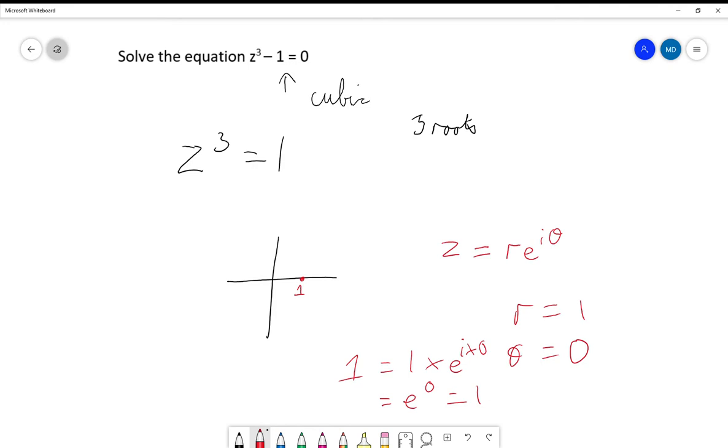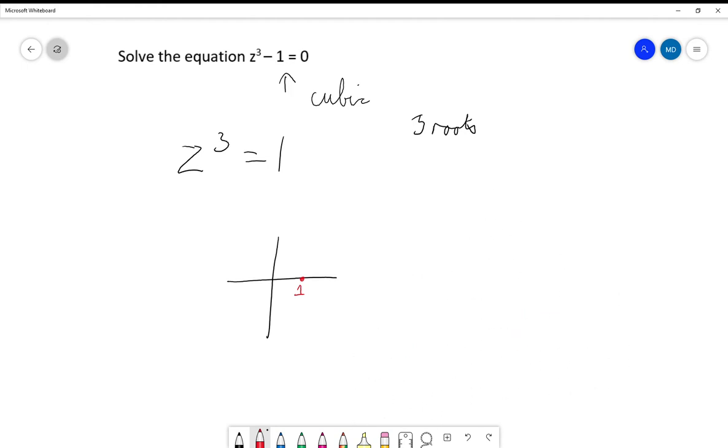But that isn't the trick. The trick here is to notice that's not the only way of writing 1. On this Argand diagram, we could take a full turn first. So we could write 1 as equal to e to the 2 pi i.